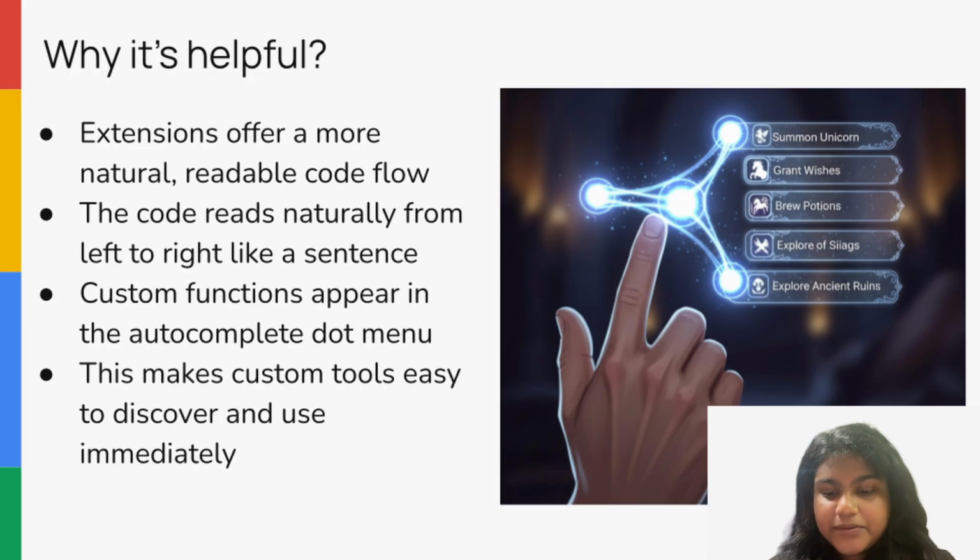Now look at the menu on the slide. When we talk about custom functions appearing in the autocomplete dot menu, we are relying on a specific piece of technology, that is the Dart analysis server. This is an engine running behind VS Code or Android Studio. Here is technically what happens when you type that dot. The analysis server looks at the variable on the left side of the dot. It determines its static type.